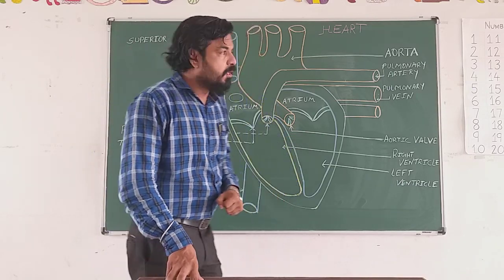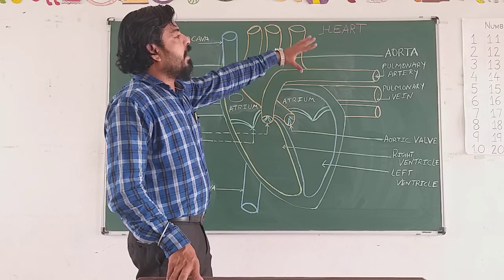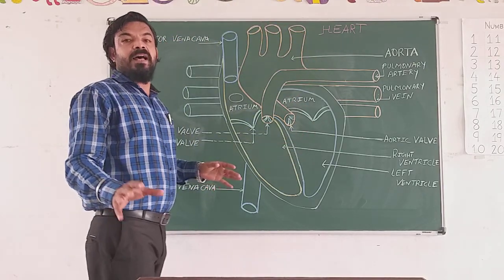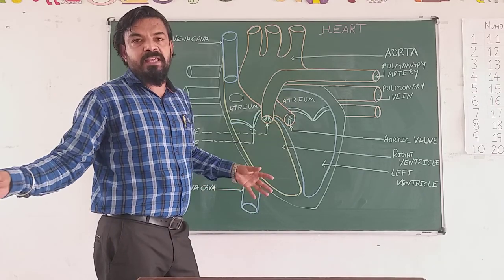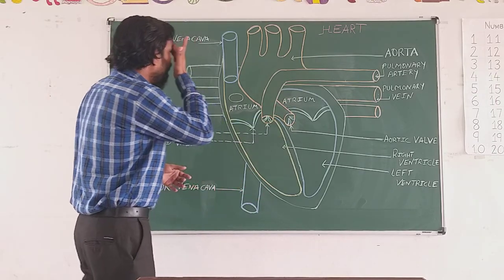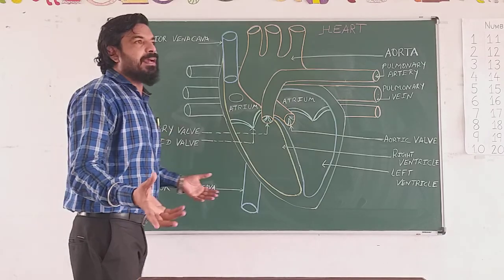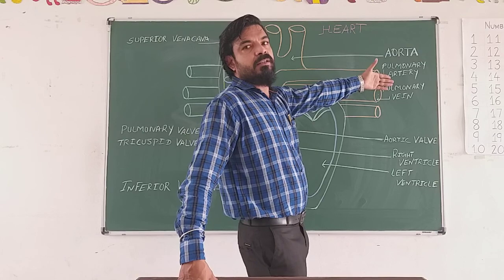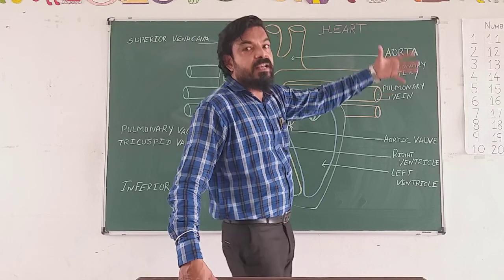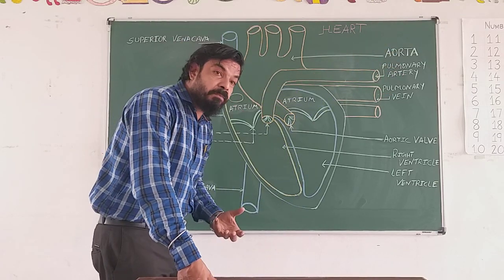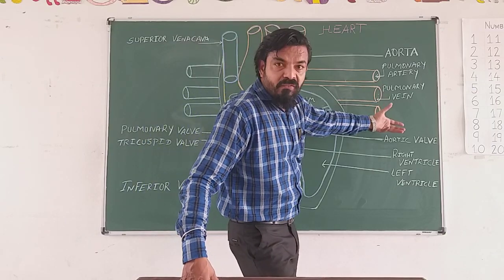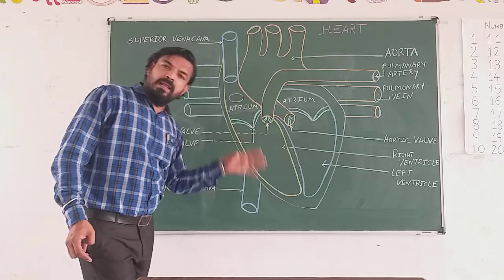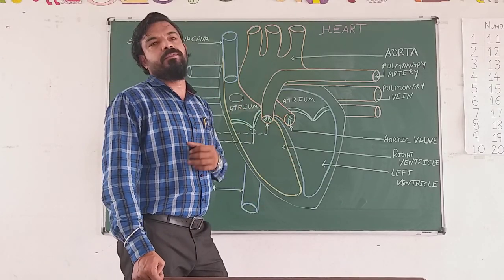Okay, got it. That means in the whole body, arteries transfer the oxygenated blood, whereas veins collect the deoxygenated blood. In the case of the lungs, the pulmonary arteries collect the deoxygenated blood, and the pulmonary veins give the oxygenated blood to the left side of the heart.